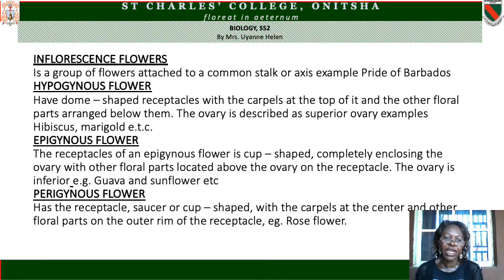Then we have the perigynous flower. In a perigynous flower, the receptacle can be saucer-shaped or cup-shaped, but the main thing is that the carpels radiate from the center, and the other floral parts equally radiate from the outer rim of the receptacle, meaning that the ovary is halfway hidden and halfway exposed.